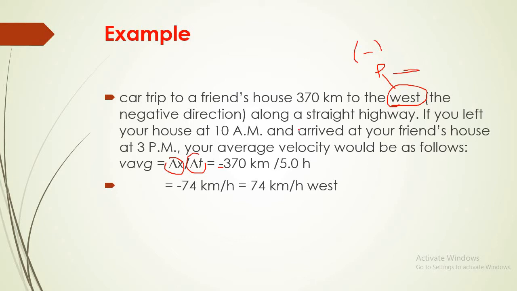So negative 370 divided by 5 hours equals negative 74 km per hour, or 74 km per hour west, as west means negative. This is the average velocity. So you can write the answer as negative 74 km per hour or 74 km per hour west.